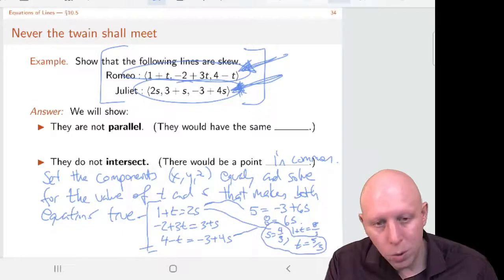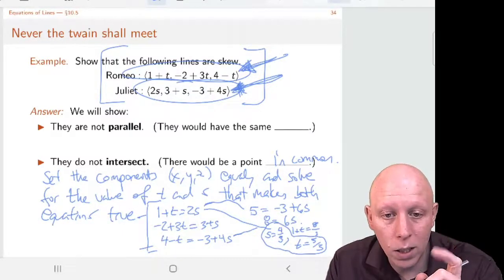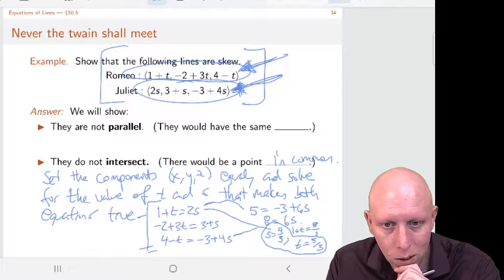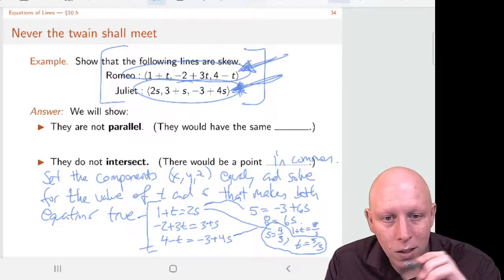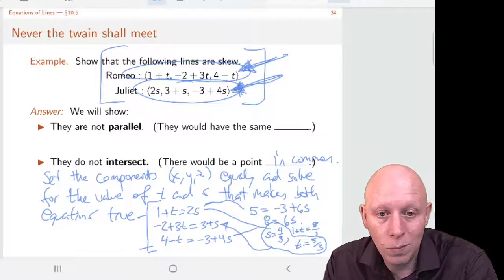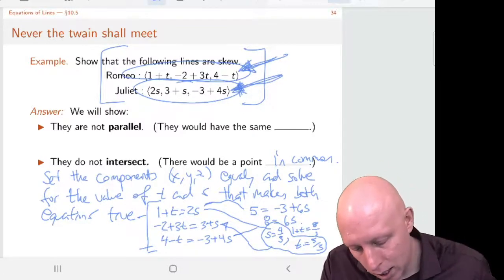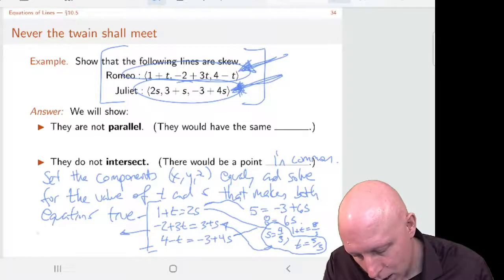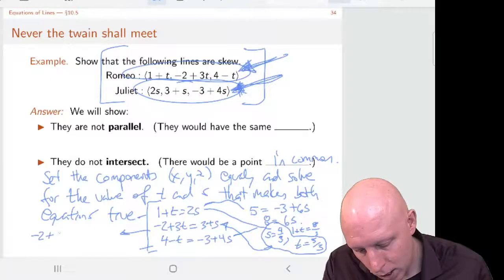So if both equations hold, then s is equal to 4/3 and t is equal to 5/3. The way to see if this works or not is to plug these numbers into the second equation that we didn't use yet. We get negative 2 plus 3 times 5/3, which is 5, is equal to 3 plus 4/3.